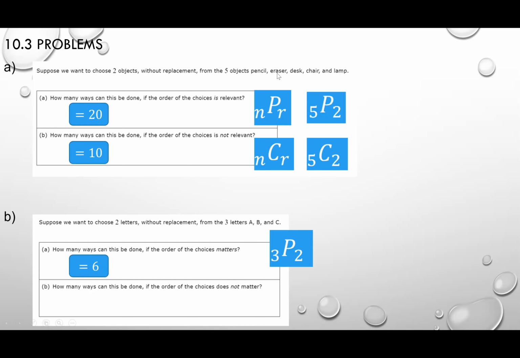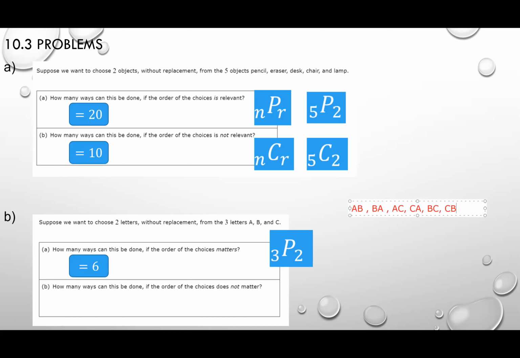And take a look at this, ladies and gentlemen. Why, when the order matters, do we have 6? Do you agree that if the order matters, AB is different from BA, and vice versa, AC is different from CA, and lastly, BC is different from CB?